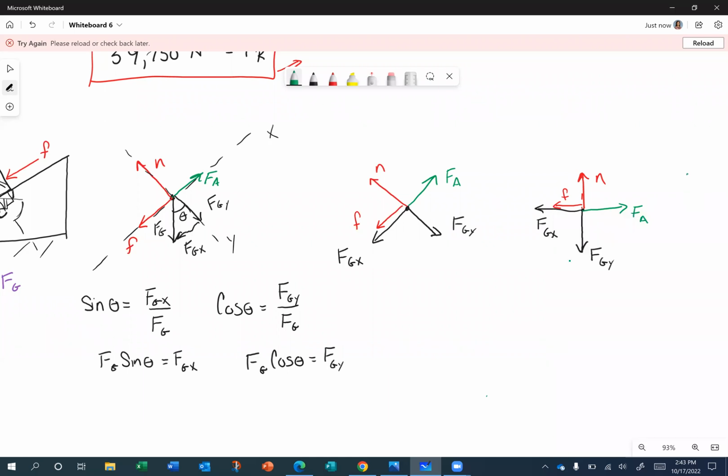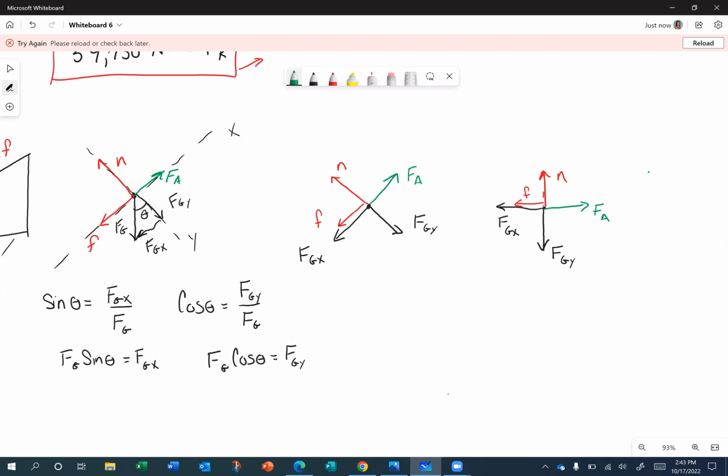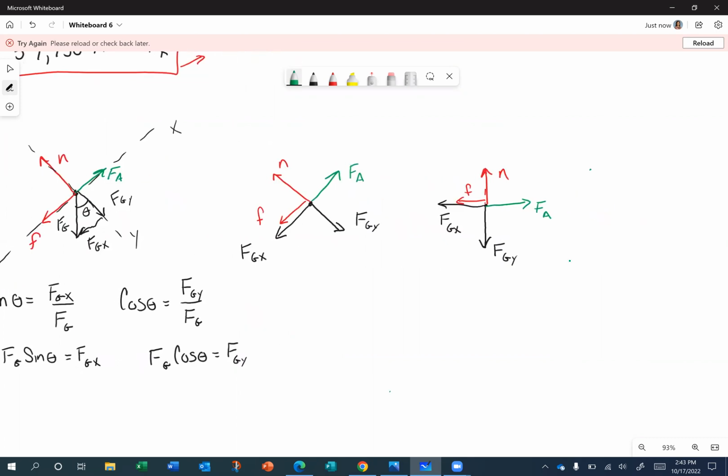So if we continue taking a look at all these forces and listing what we know, we do know that the acceleration in the y is 0. There is no motion bouncing up and down, right? So we can make a note of that. If acceleration in the y is 0, then these two forces must be equal to each other. So we can say the force of gravity in the y is equal to the normal force, the magnitudes of those.